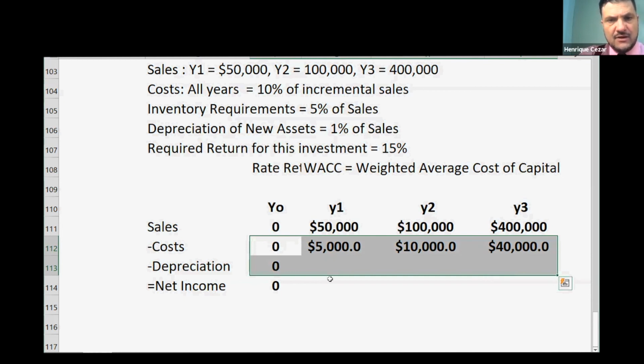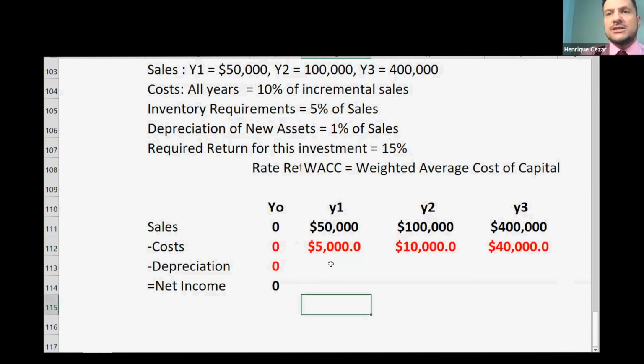All right. And what about depreciation? It only happens 1 year after, right? So it happens on year 1. You purchase today, you depreciate it. The depreciation kicks in 1 year after. 1% of sales. So equal 0.01 times the sales. Be careful, don't click on the wrong cell.